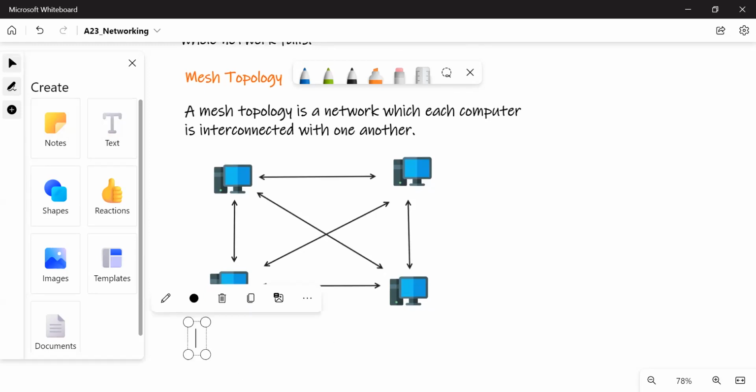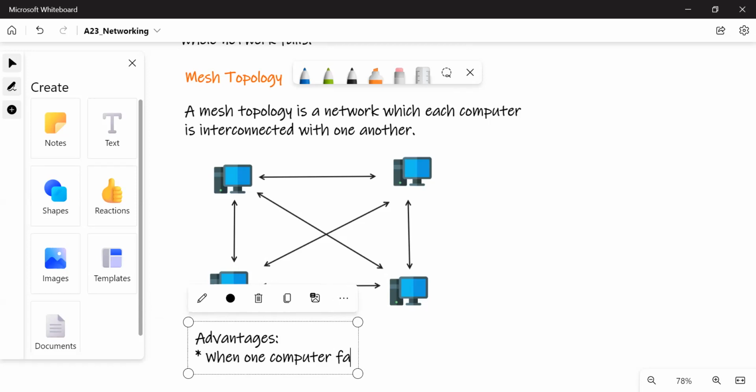So let's take down the advantages. When one computer fails, what will happen? Nothing will happen because there will be other connections. When one computer fails in the network, other systems will not be affected, right?